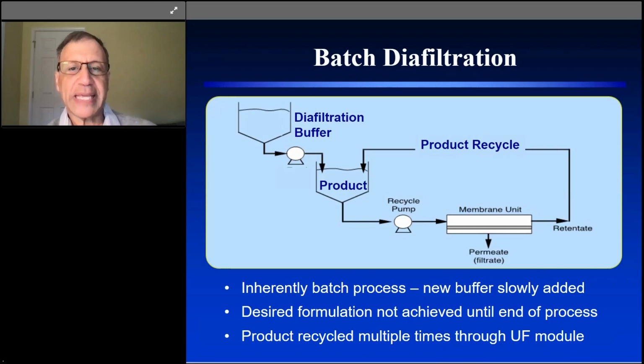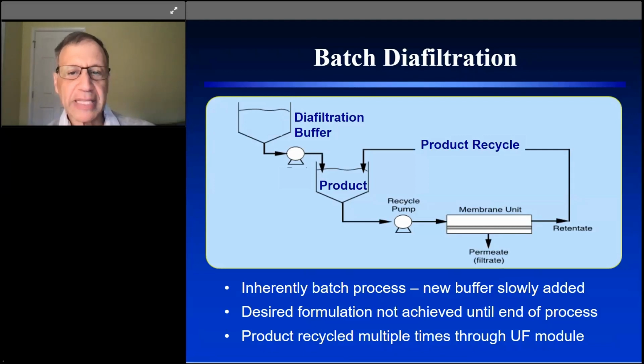In this case, we continually add in a diafiltration buffer and wash away the previous buffer components to formulate our monoclonal antibody product in an appropriate buffer for storage and delivery to the patient.